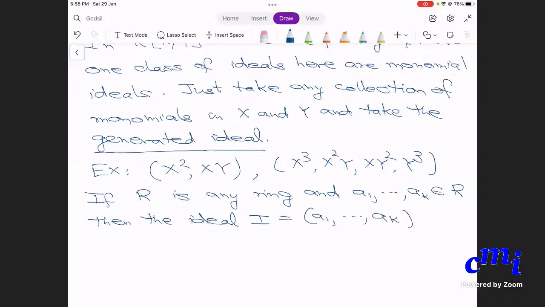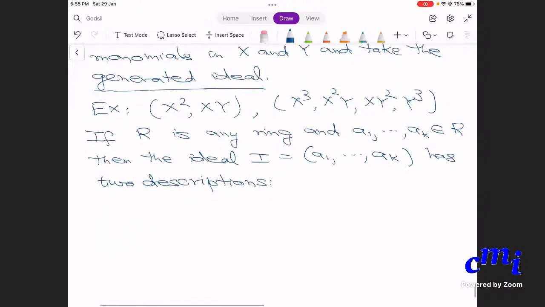This means the ideal I generated by A1 up to AK has two descriptions. One is an internal description and one is an external description.